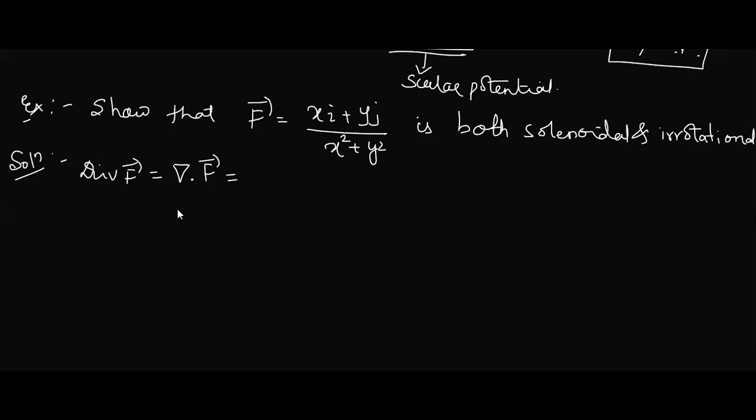Del dot f. What is del? Dou by dou x i plus dou by dou y j plus dou by dou z k. Dot product with f, now better you write it as ijk coefficients. Can anybody tell me what is the coefficient of i for f?